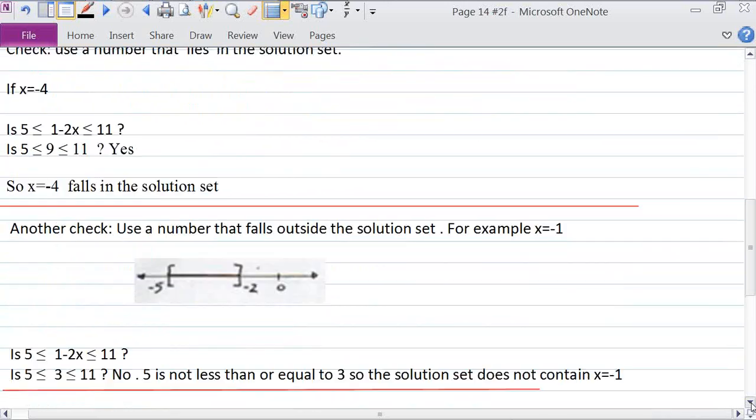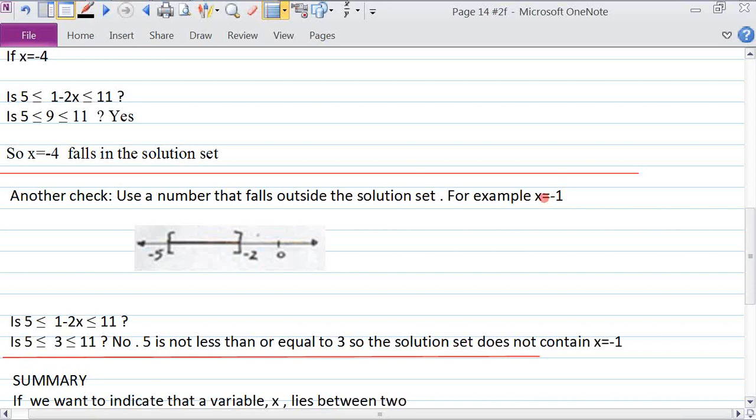Well, let's choose a number that doesn't lie within the solution set. For example, we know that the number must lie between minus 5 and minus 2 and can include minus 5 and minus 2. But minus 1 lies outside of the solution set. It would lie right over here between minus 2 and 0. So now we go back and substitute minus 1 here. 2 times minus 1 is minus 2, so 1 plus 2 is 3.